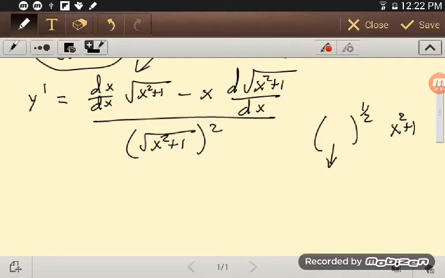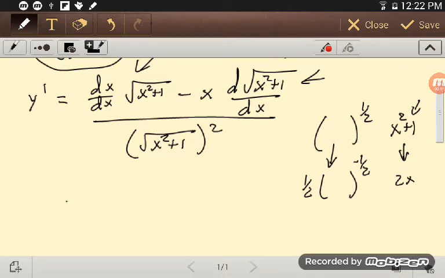Derivative here, 1/2 to the negative 1/2 because I subtract 1. And then here I get a 2x plus 0. So this one, I just get 2x. Okay, so that's my derivative that I deal with here.